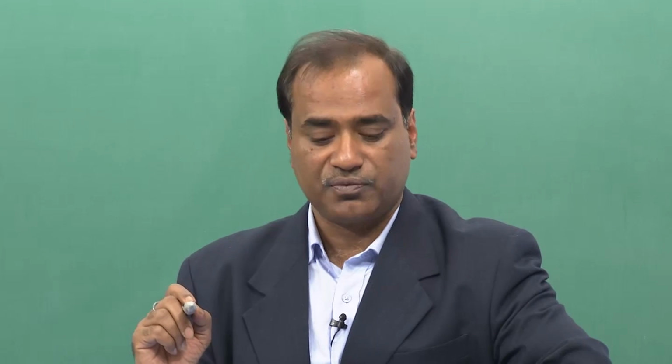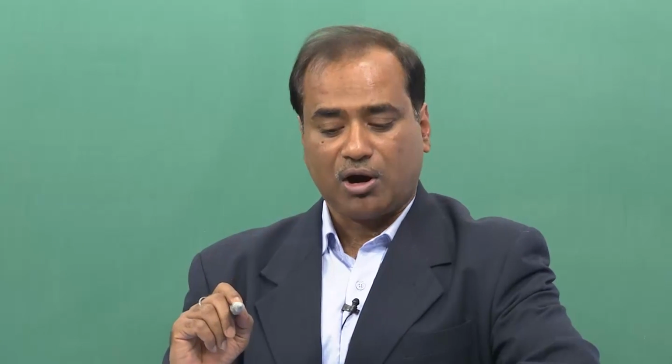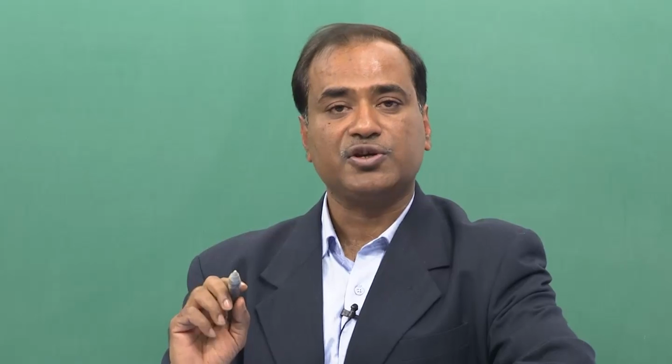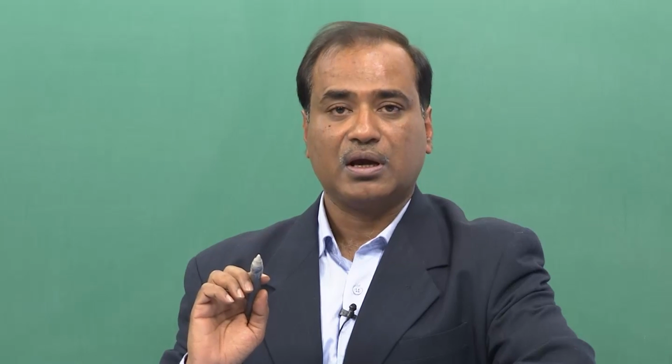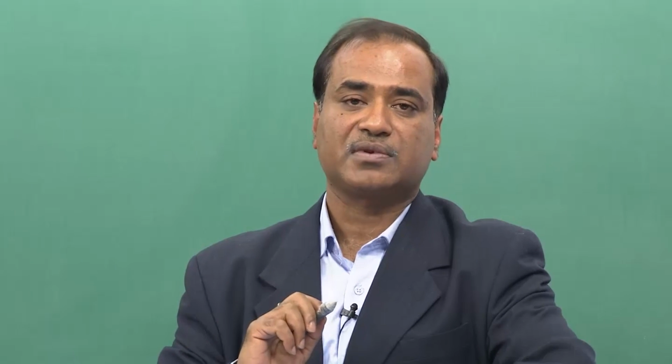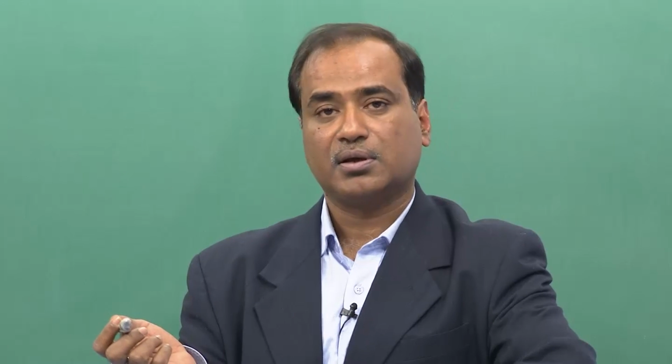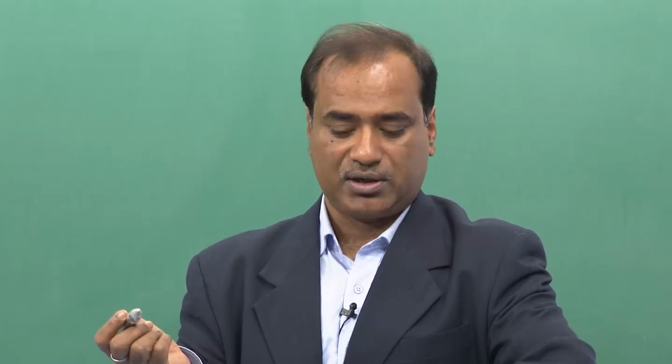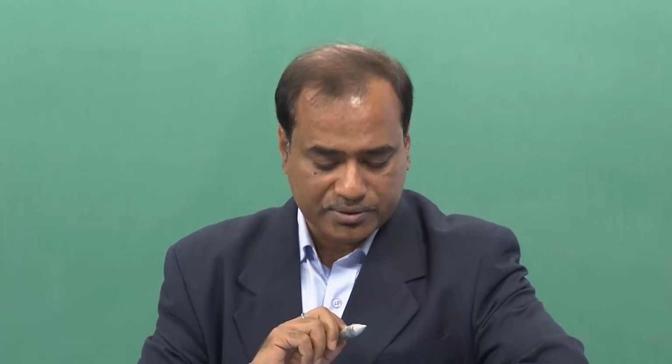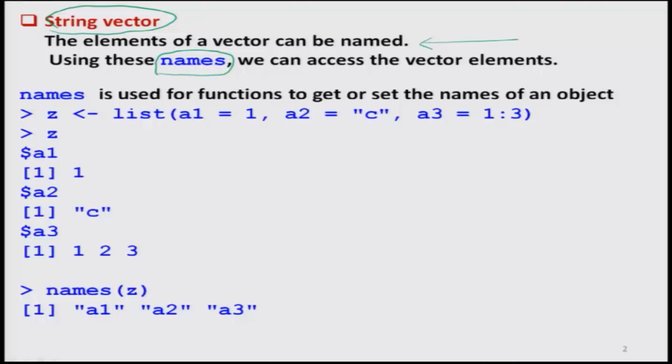So, similarly, whenever we are trying to deal with the vector elements, all the elements can be given a unique name. And now using those names, we can access any element of that vector. So, how to do it? Let us try to see here.